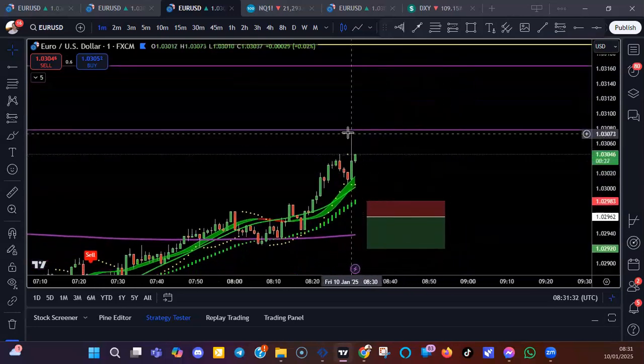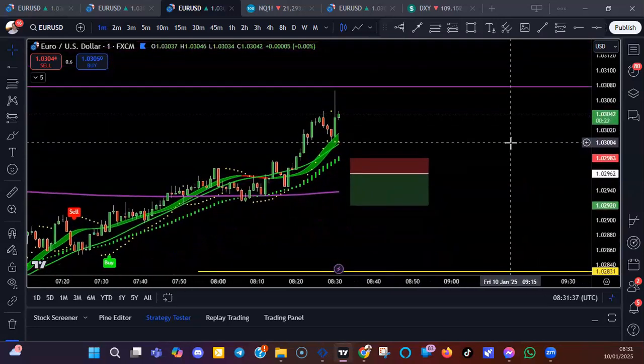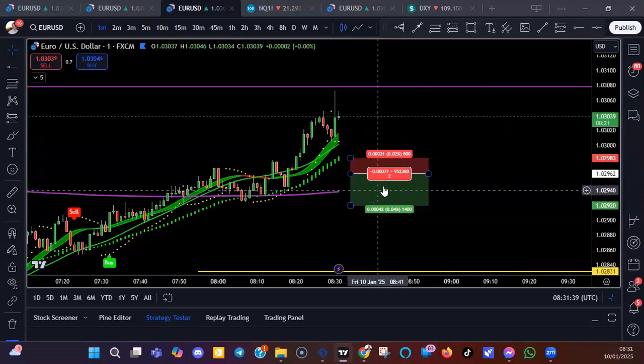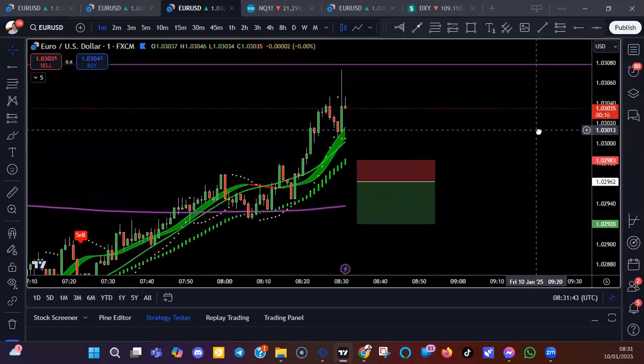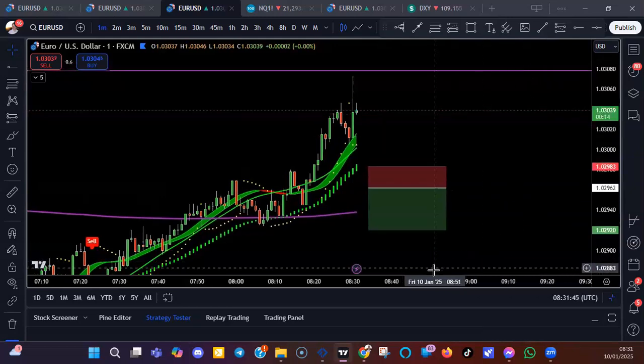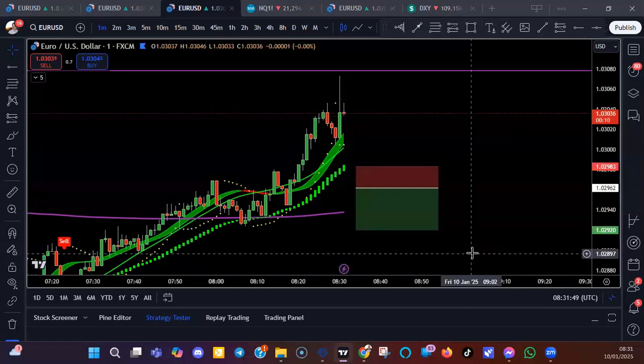But we may get a small retrace off this, hopefully enough to get our 2% on a sell. If it happens, it happens. If it doesn't, well, we let trades come to us. We don't force trades.